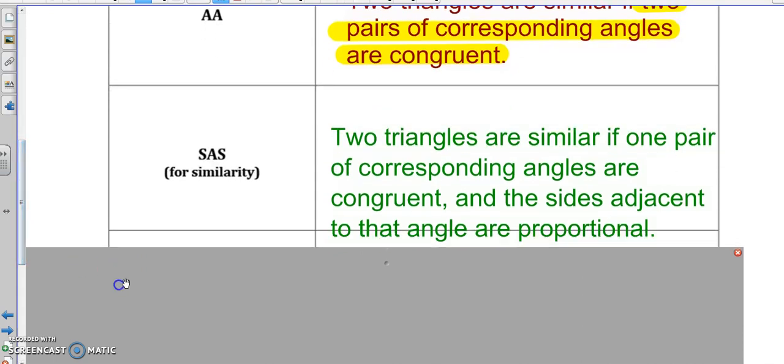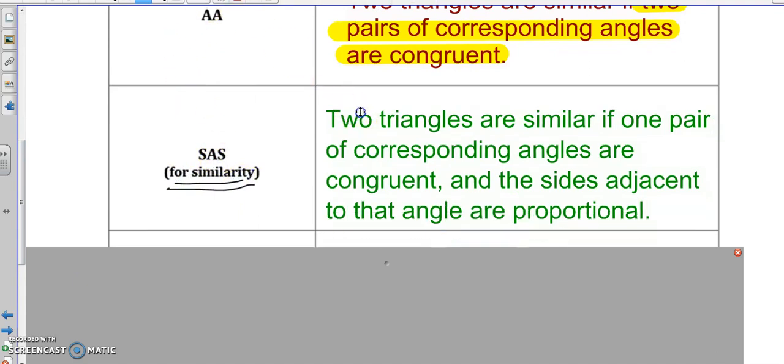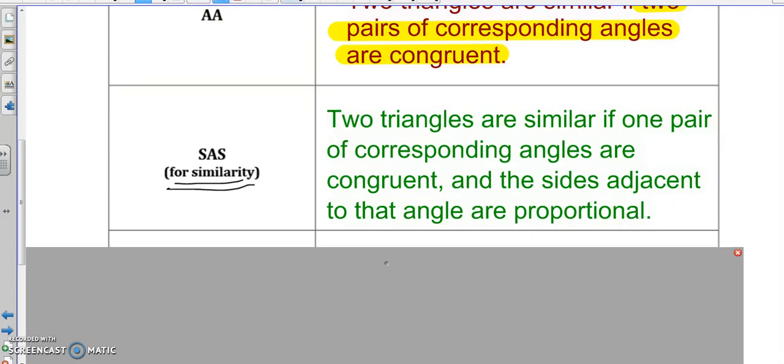We also have SAS similarity. So the next way to prove similarity, let's say we don't have angle-angle. We also know two triangles are similar if one pair of corresponding angles are congruent and the sides adjacent to that angle are proportional.